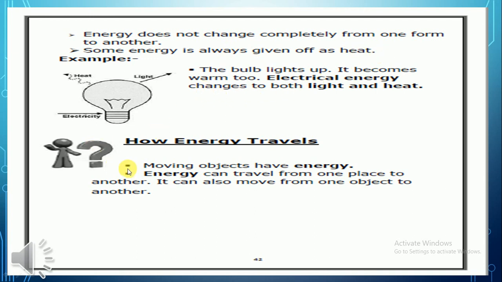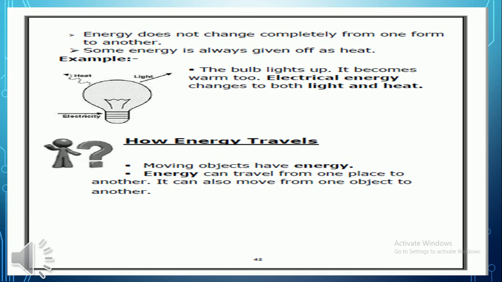Okay, so how does energy travel? What do you think? Moving objects have energy. Yeah, we all know this. Energy can travel from one place to another place. It can also move from one object to another object. If you have a cup of hot tea and you put a teaspoon inside it, what will happen to this spoon?